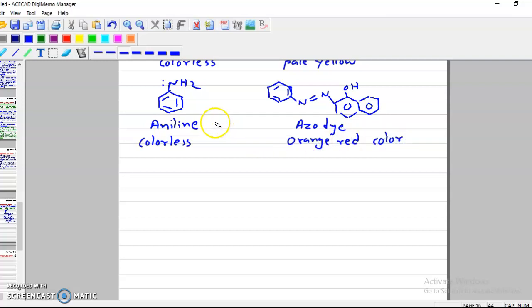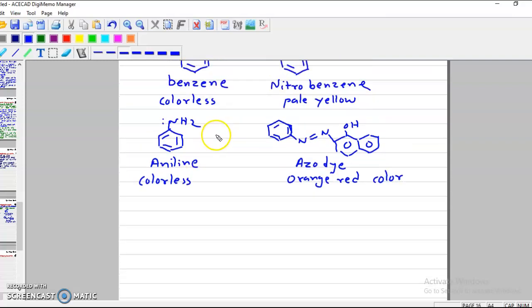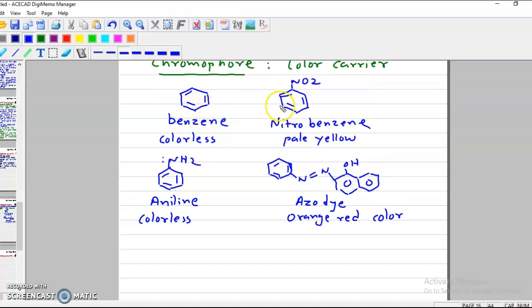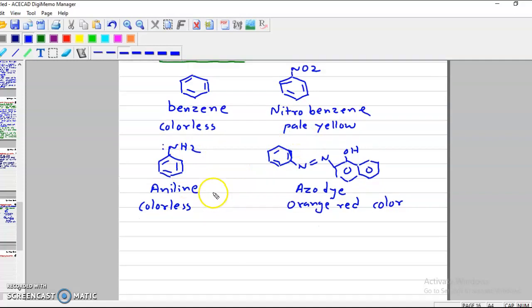So here you can see that by imparting certain functional groups on organic compounds, we can see color.